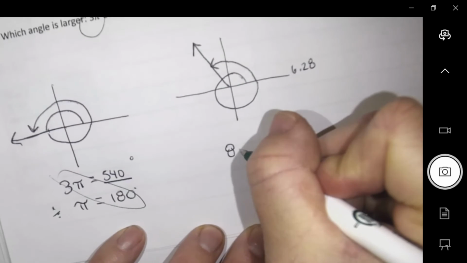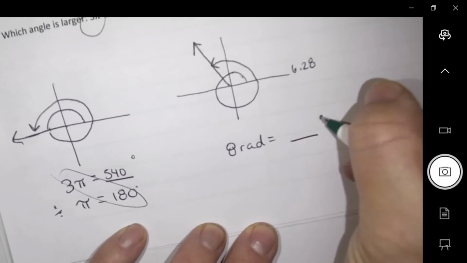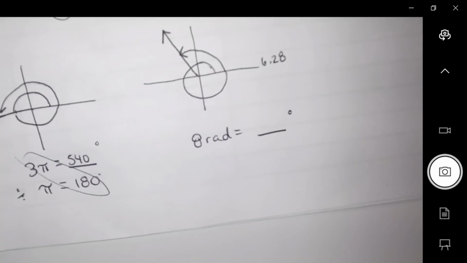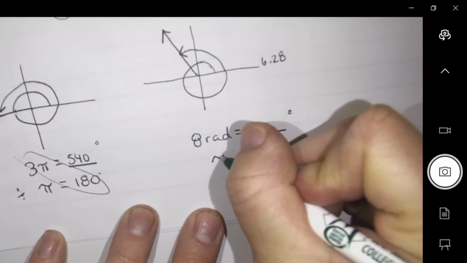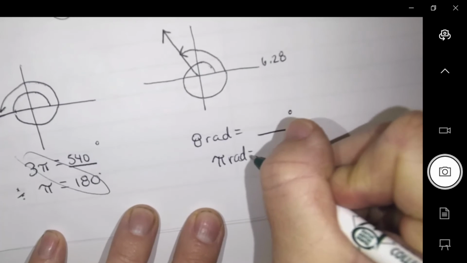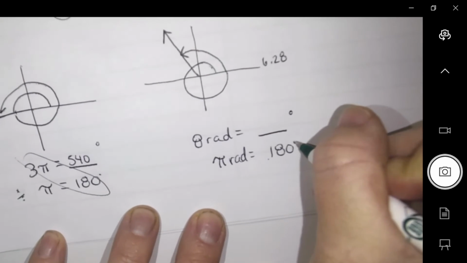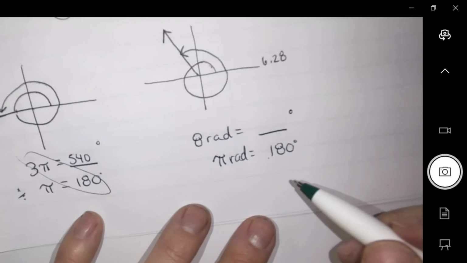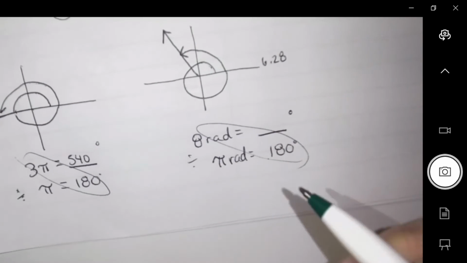Okay, on this one, 8 radians is how much degrees? And again, set up your ratio, radians with radians, degrees with degrees. So 1 pi radian equals 180 degrees. I can times and divide.